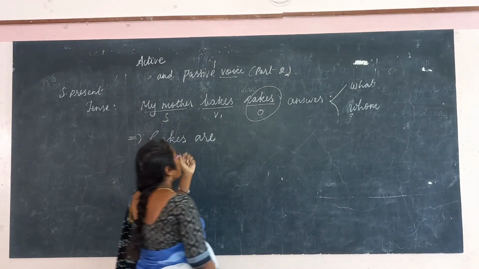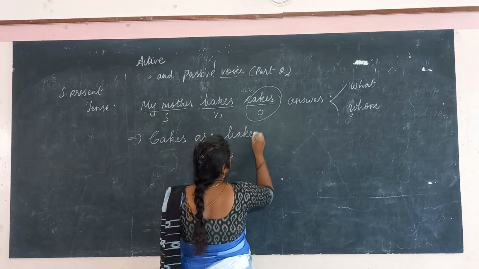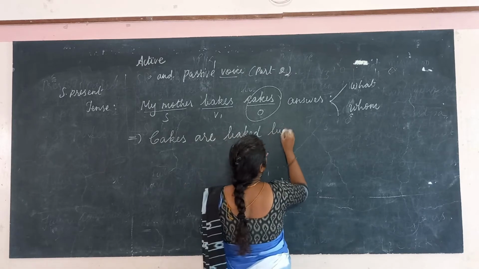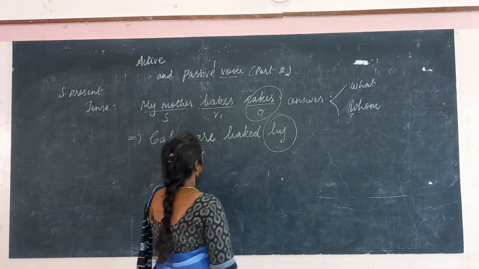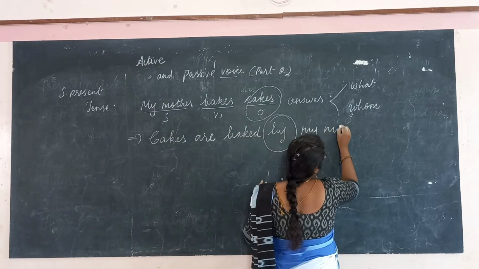Cakes are, then the V3 verb, so cakes are baked. You have to use the word by in the passive voice. So, cakes are baked by my mother.